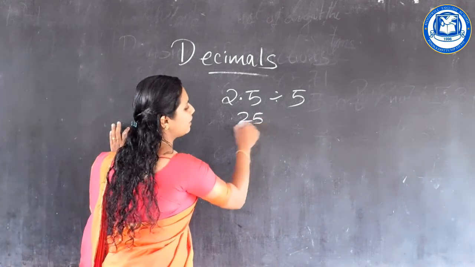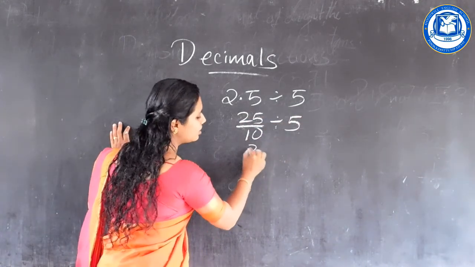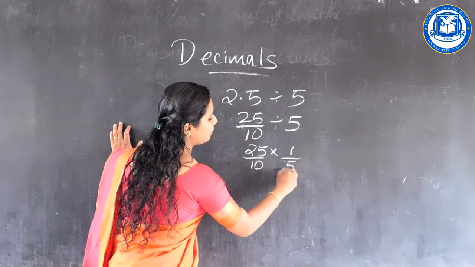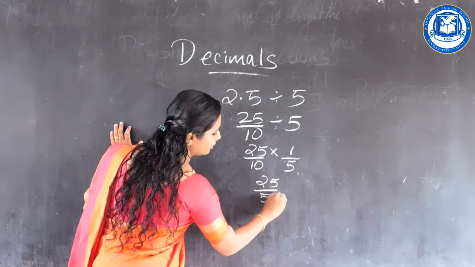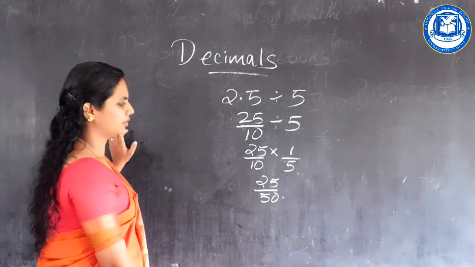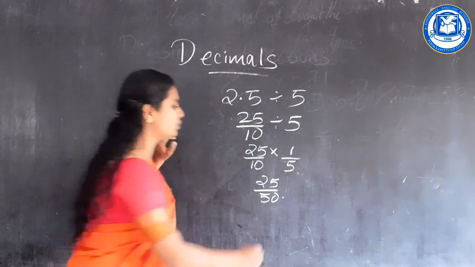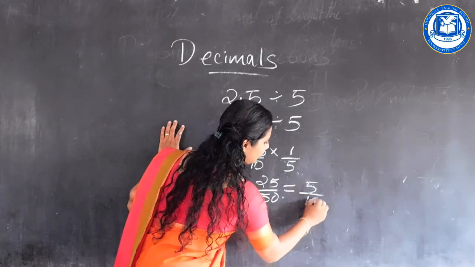So 25 by 10 divided by 5. This will change into 25 by 10 into 1 by 5. That is 25 by 50. When we are reducing this, it will become 5 by 10.